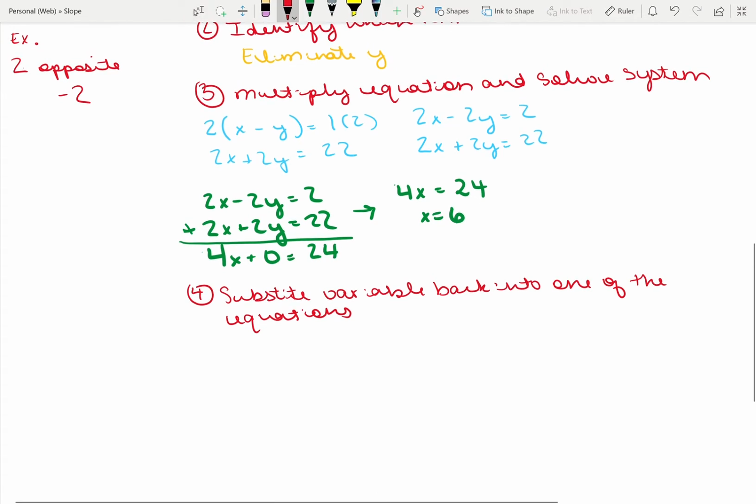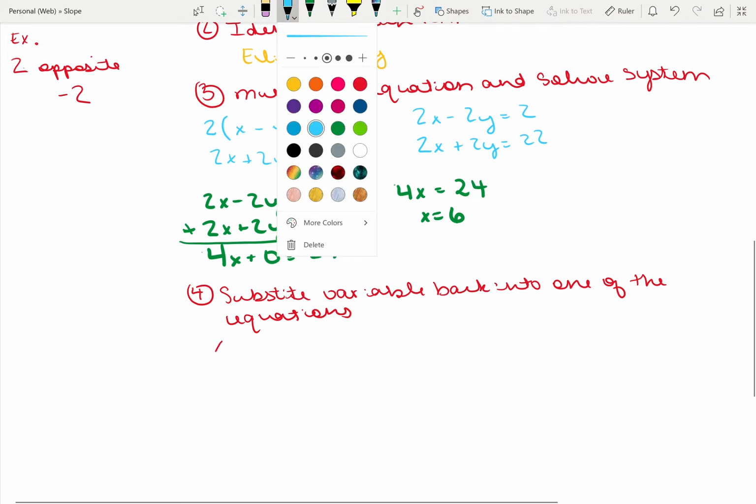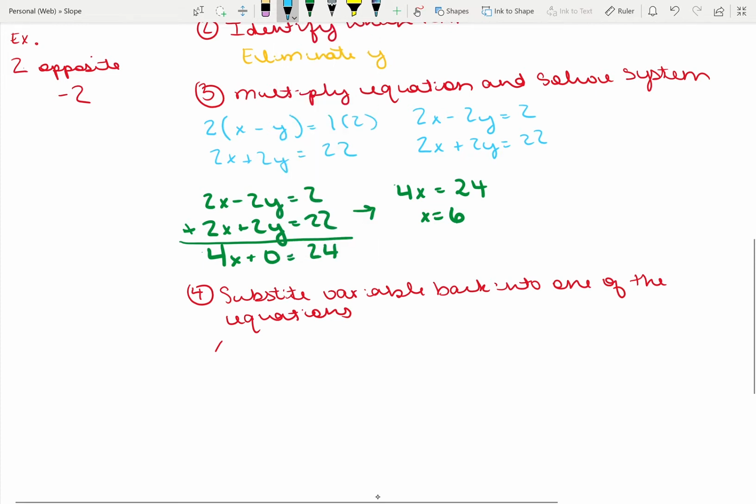So we're going to have, and again, let's change my color, x minus y is equal to 1, where x is equal to 6, and then we solve.